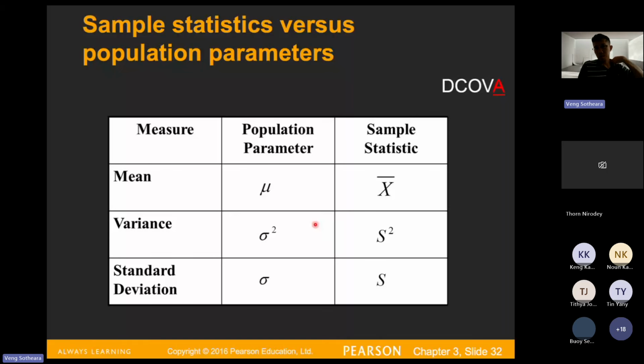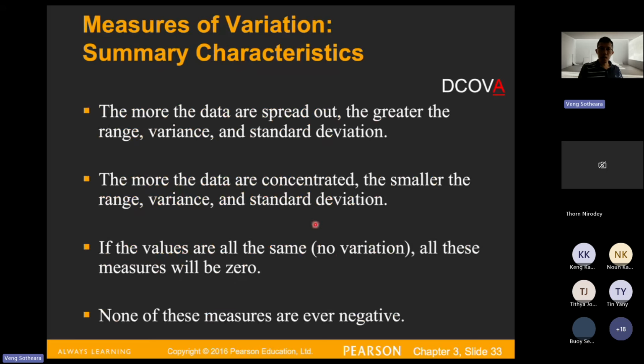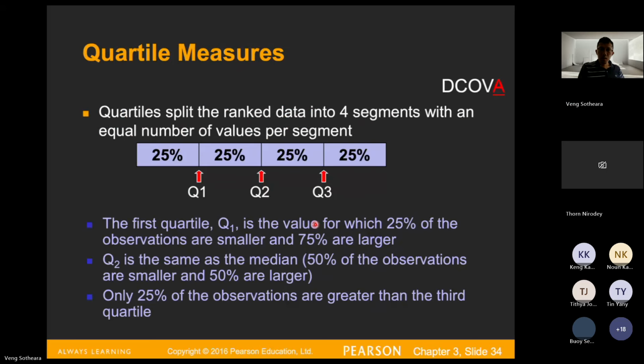Okay, so now we're going to move to another measure, and this is going to be a test today. I will ask you to use this measure to summarize something for today. Okay? So we call it quartile.